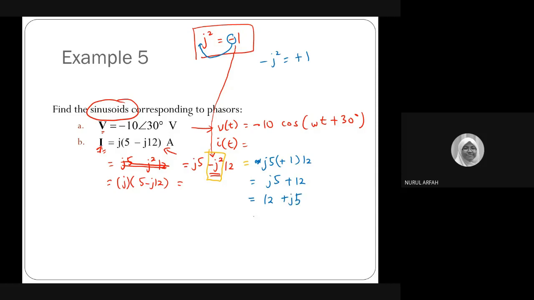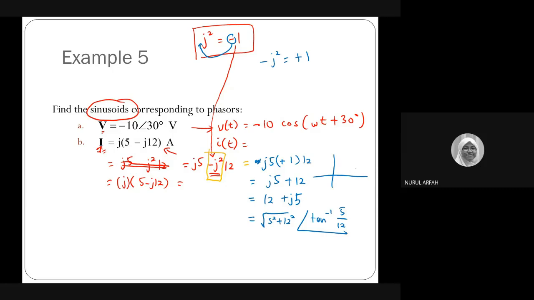Okay. And then if you want to use your calculator, then you can get the answer in terms of polar form. Or if you want to use your math operation, then this is 5 square plus 12 square, and with inverse tangent of 5 with 12 degree. Do you know what I mean here?